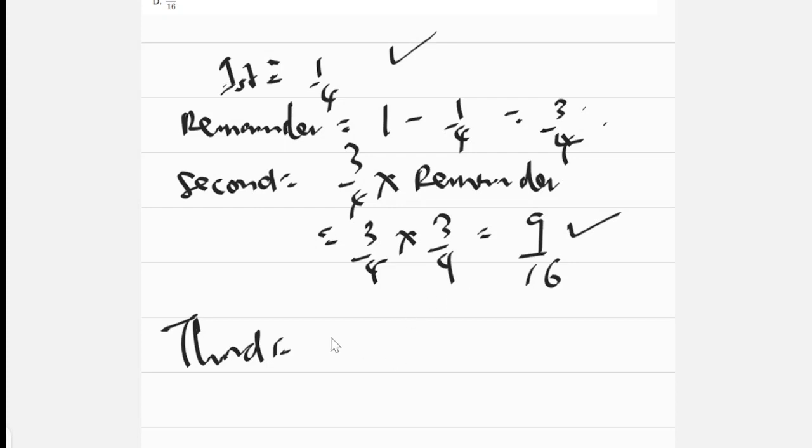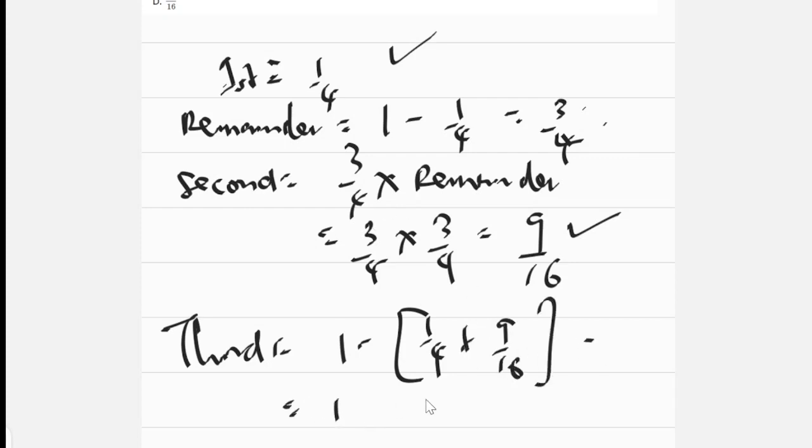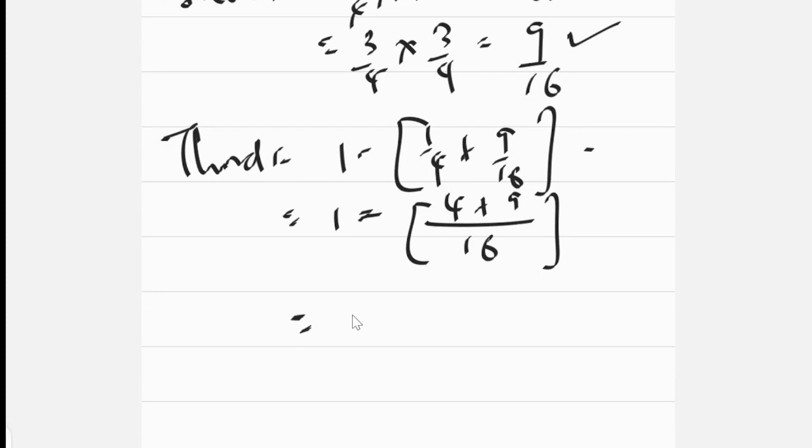So it means I'm going to have 1 minus the first, then minus the second. I hope you understand. So my LCM now will be 16. 4 plus 9, and this will now be 1 minus 13/16.